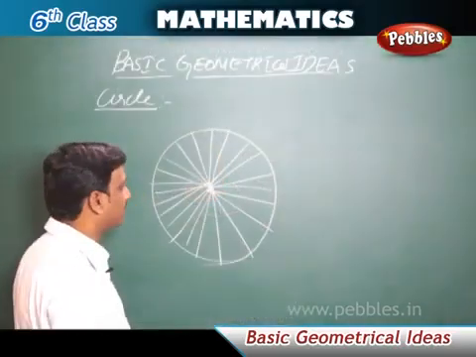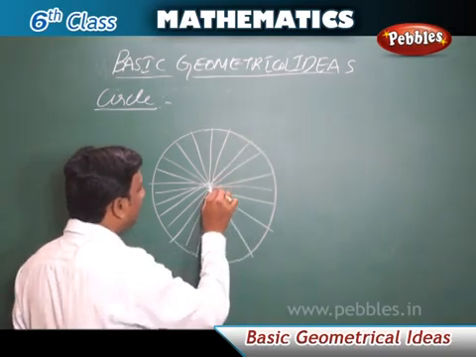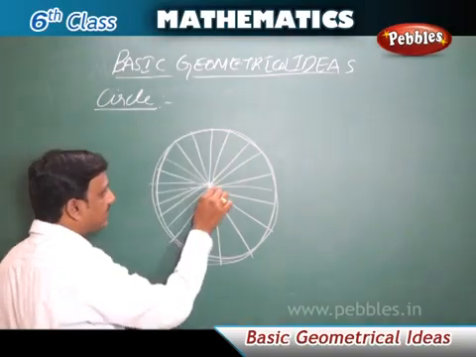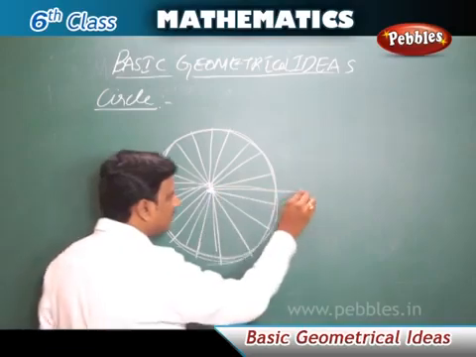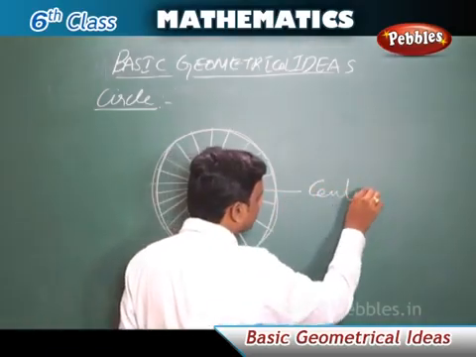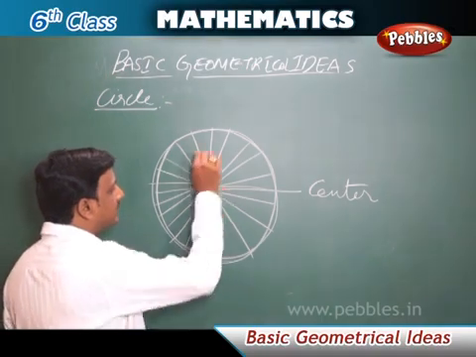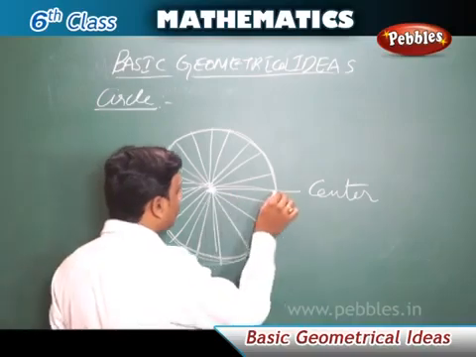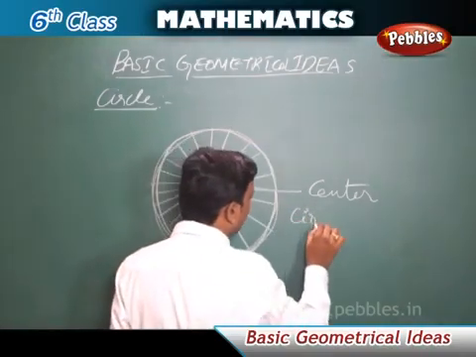Let us learn the parts of a circle. If we take a cycle wheel as an example, it has a midpoint from where all the spokes arise. This midpoint is called center. Now, the circle has a curved edge. The total length of this curved edge is called circumference.